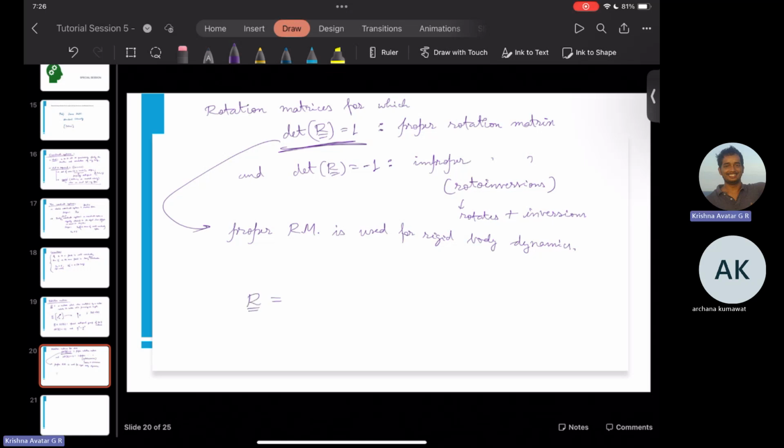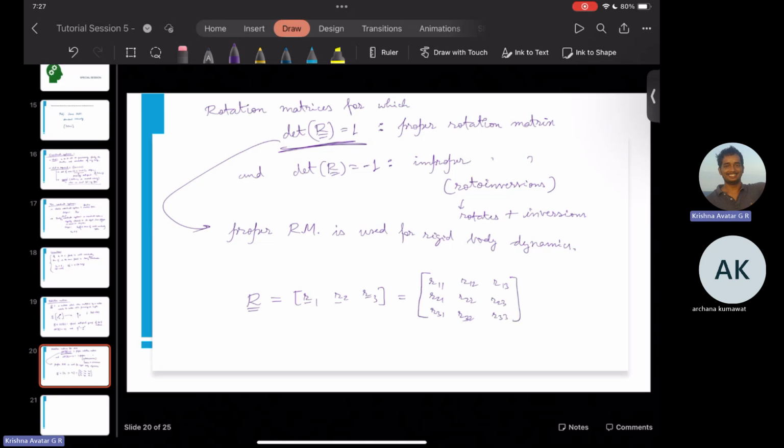Then the rotation matrix R is expressed as consisting of three vectors, R1, R2, and R3, all of which have three components. So in component form, we'll write it as R11, R21, R31, likewise R12, R22, R32, likewise R13, R23, and R33.